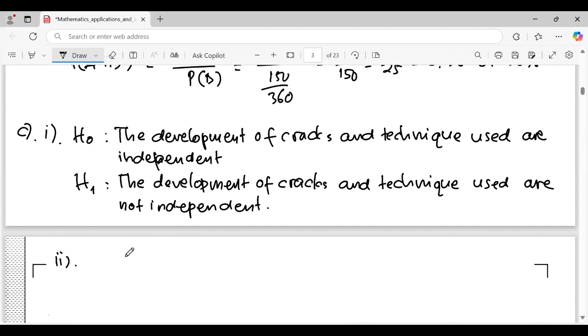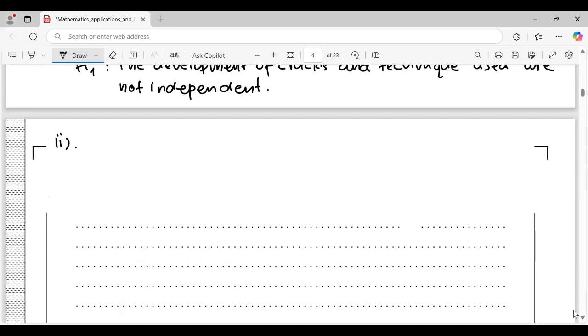Second, we're going to organize the data into the contingency table. I'm going to create my contingency table.